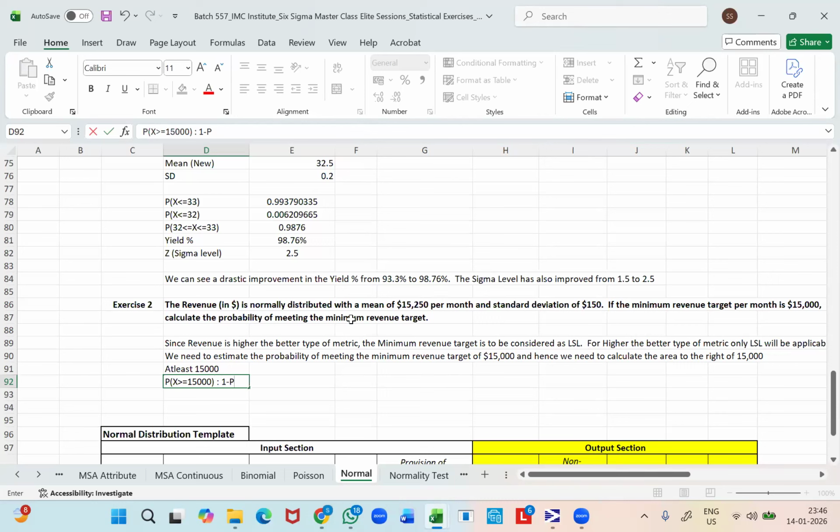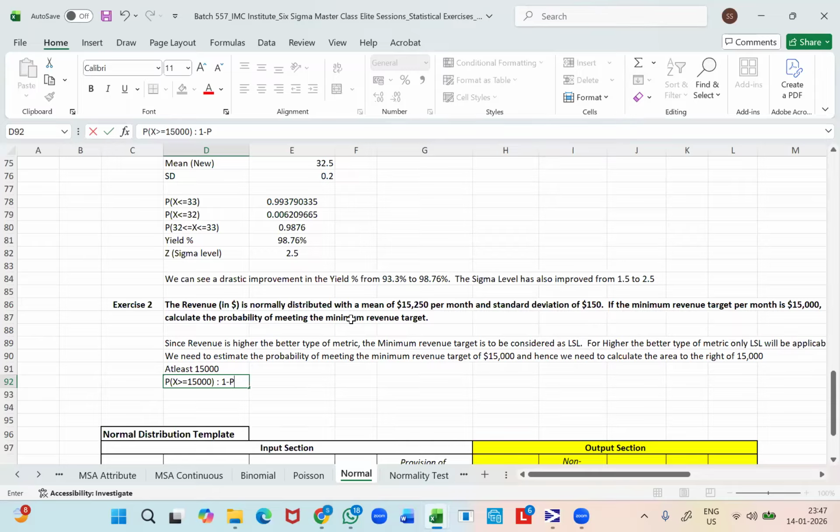So for converting greater than or equal to into less than or equal to, P of X greater than or equal to R can be rewritten as 1 minus P of X less than or equal to R minus 1. One number less than the original value, because discrete values cannot take decimals. They will jump only in terms of whole numbers. So it can either be 20 or 19, not a value in between. That is why it was R minus 1, right? When we converted greater than or equal to into less than or equal to.